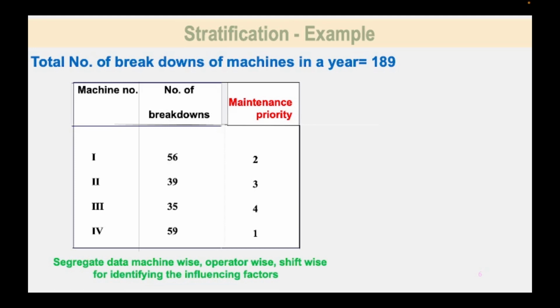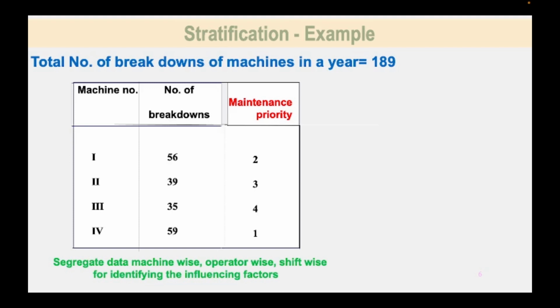Now I know machine number 4, which has the highest number of breakdowns, is my first priority to improve, then machine number 1, which has 56 failures, and I'll improve the machine. Just by attending to 50% of the machines, my performance goes up by 60 to 70%. Remaining 2, I can improve. That will be good. If not, also substantial improvement, which is visible to the management, which is visible commercially, has been created by prioritizing.